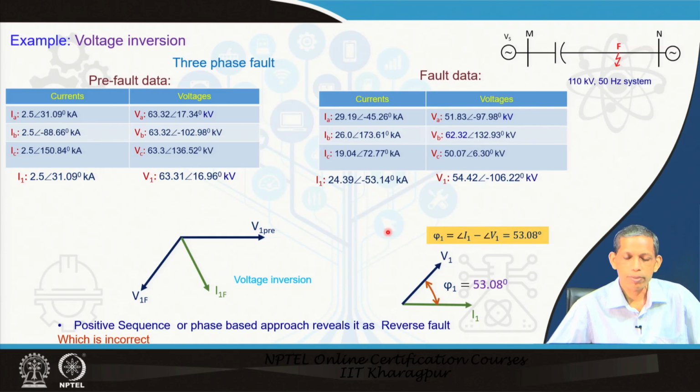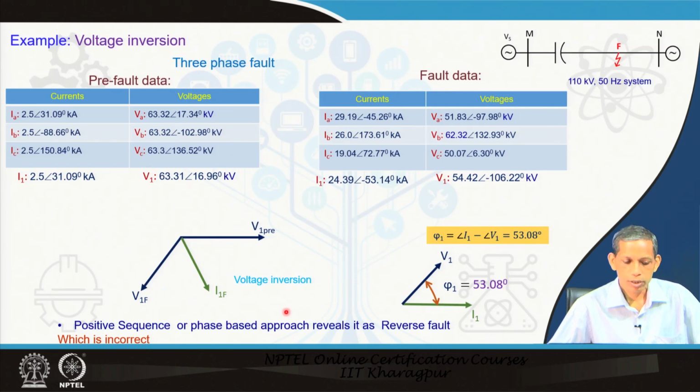Note, in case of current and voltage inversion phenomena, if you see the phase based approach also, because the current is leading, here this is minus 97 and this is minus 45. So, the current is leading. So, this phase based approach will also fail in the voltage inversion and also in the current inversion.